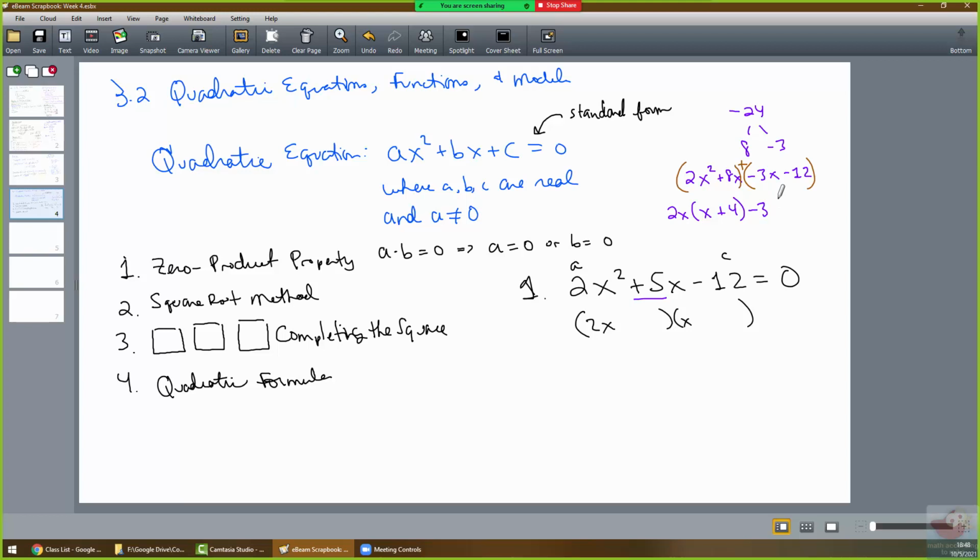You can take out a minus 3. So notice they both have an x plus 4. And what would be left over would be 2x minus 3. So that would be the factorization in either order.